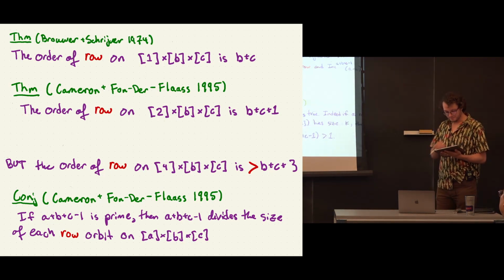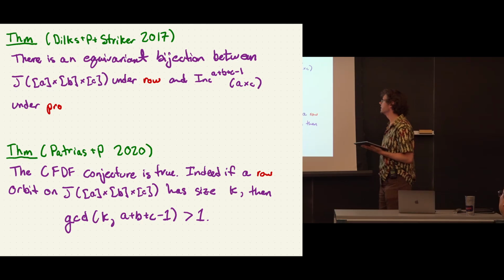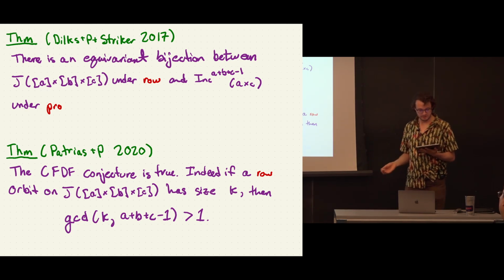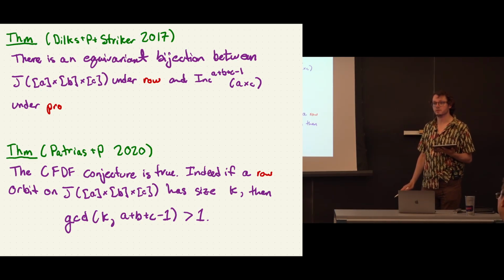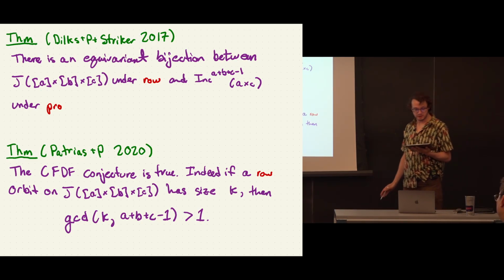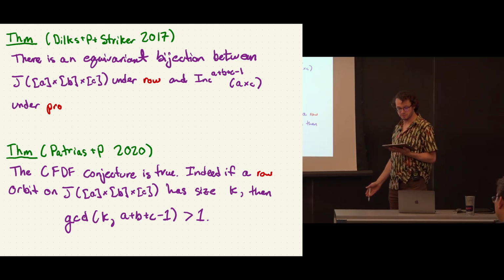Well, this sat around for a long time until suddenly we compared numerology and realized that this problem of Brouwer and Schrijver and Cameron and van der Vlas is secretly the same problem that we've been doing all along. It's actually about these K-theoretic tableaux.